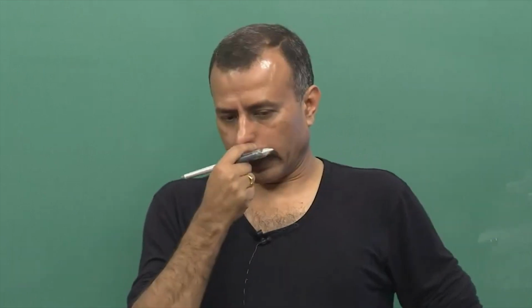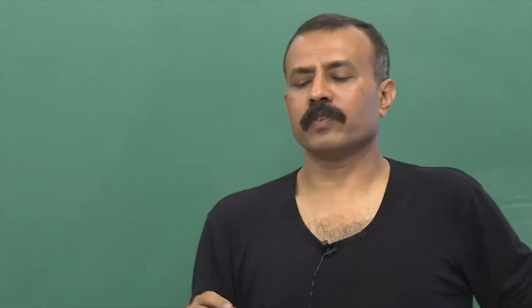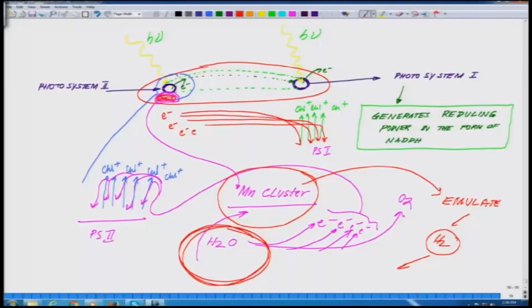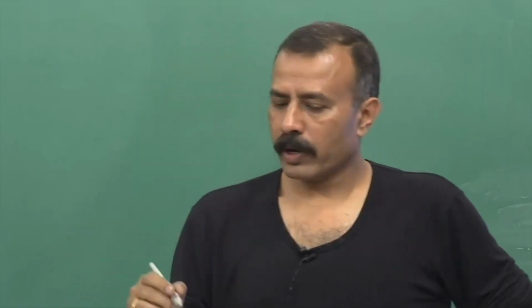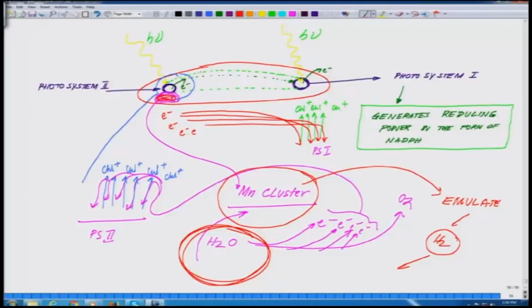But then is this electron transfer which is happening from photosystem 2 to photosystem 1, what I have drawn out here, is this a straightforward process? Actually, it is not a straightforward process.